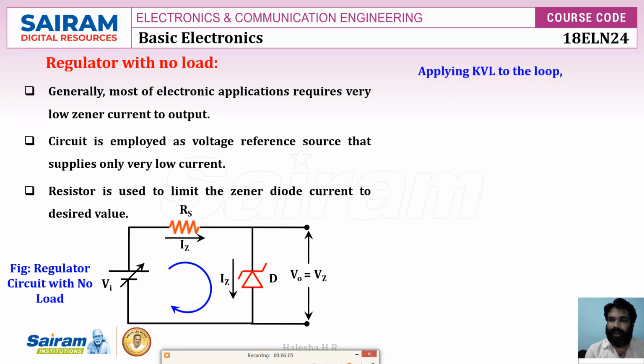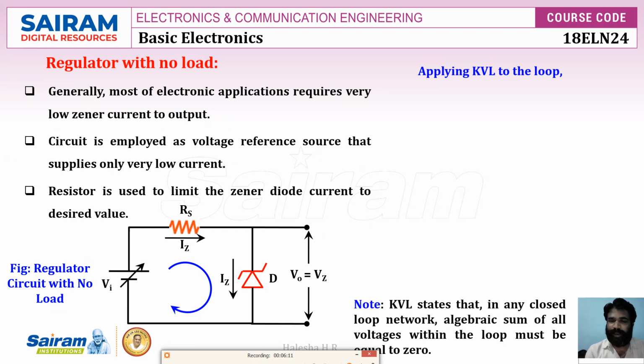Now we'll apply KVL, Kirchhoff's voltage law, to the loop. KVL states that in any closed loop, the algebraic sum of voltages is equal to 0.